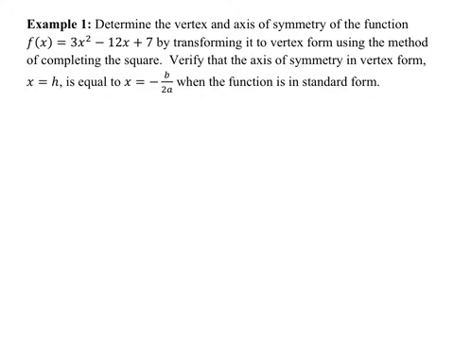So we'll use completing the square on this in a moment. And then we're going to verify that the axis of symmetry is x equals h, but it could also be written as x equals negative b over 2a. All right, so we're going to verify that in this example.